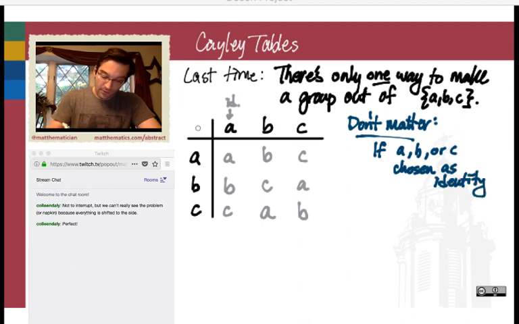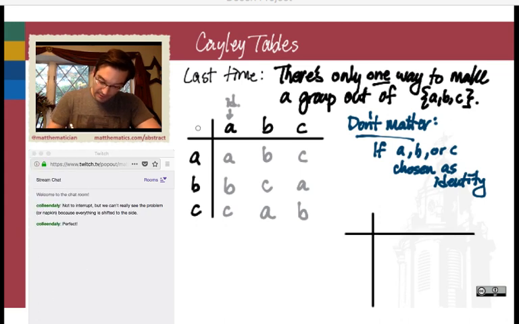Right? So I would still have the very same algebraic structure if I had done, let's say, B as my identity. Let me write it here in the middle. So if B was my identity, then B multiplied by anything is going to equal itself, and so BA is going to equal A, BB is going to equal B, BC is going to equal C. Same thing here on this row.